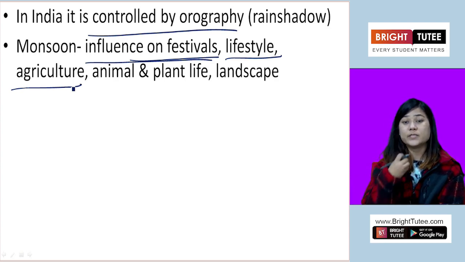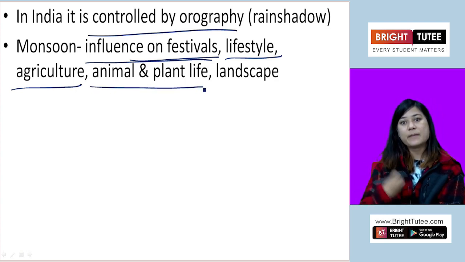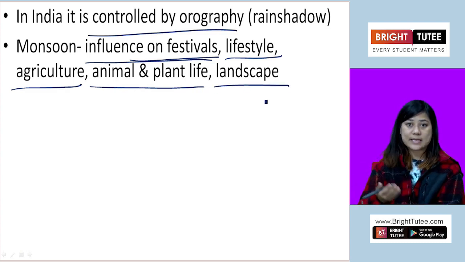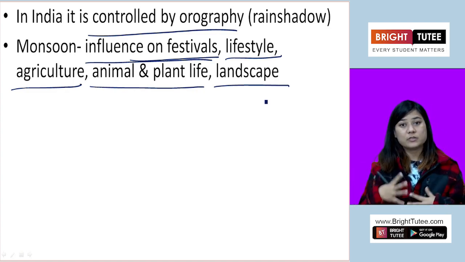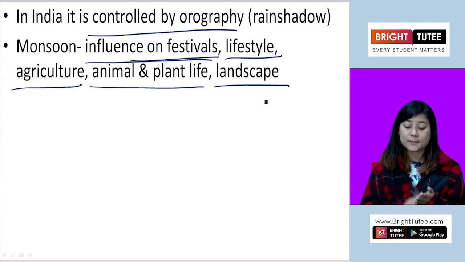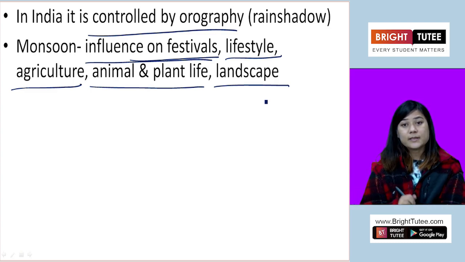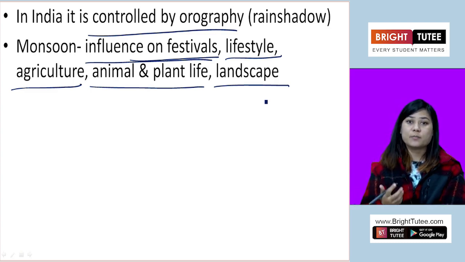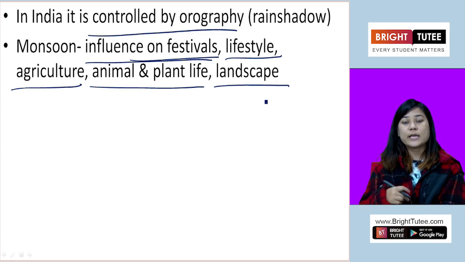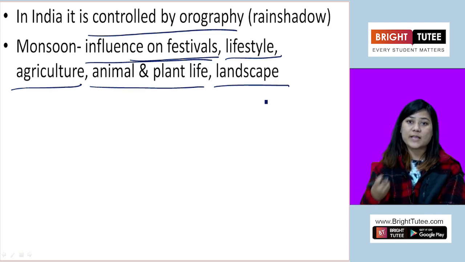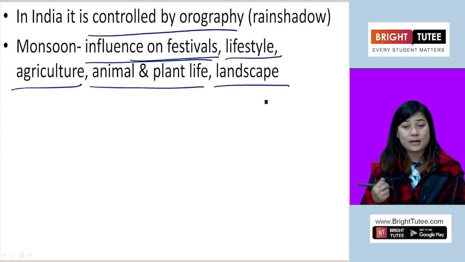It all depends on the monsoon. The animal and plant life also depend on the monsoon. The landscape, the physical features of our country, also depends on or is influenced by the monsoon and its distribution and its pattern. So this is why the monsoon plays a very important role in forming the climate of our country and in also influencing other features of that climate, weather, and also the day-to-day life and the landscape.